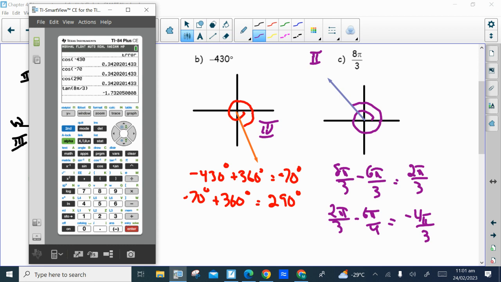If I take the tangent of 2 pi on 3, it's the same decimal, and the tangent of negative 4 pi on 3, same decimal. So the angles that we came up with for coterminal angles are correct. We just checked them.